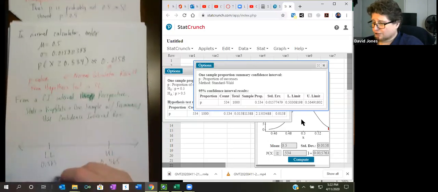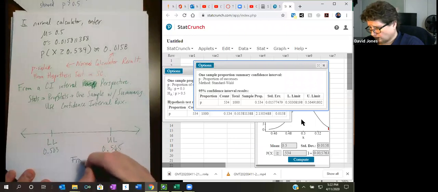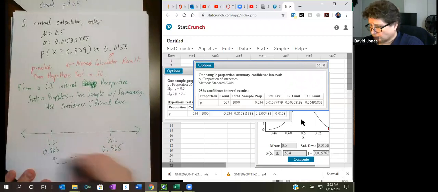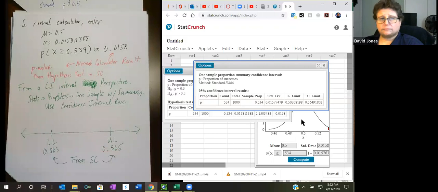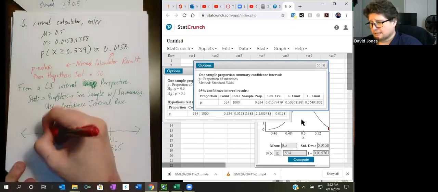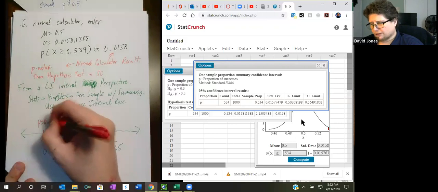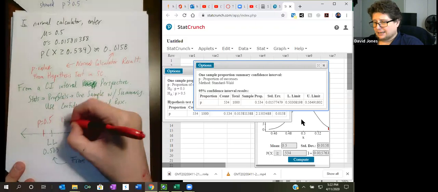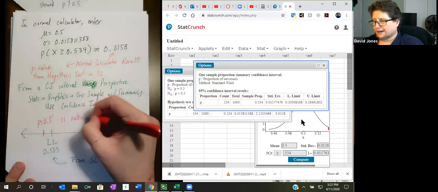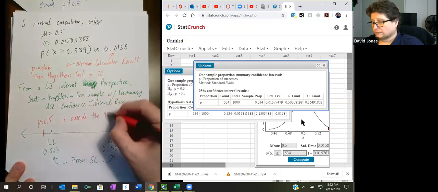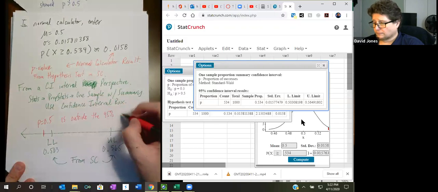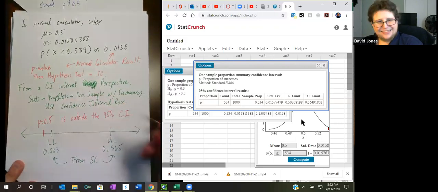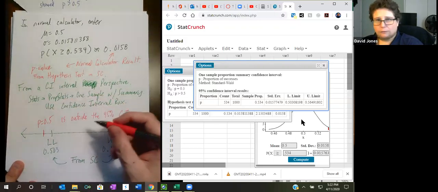This is from StatCrunch. P equals 0.5 is outside the 95% confidence interval. That's another way of looking at why we're rejecting it.